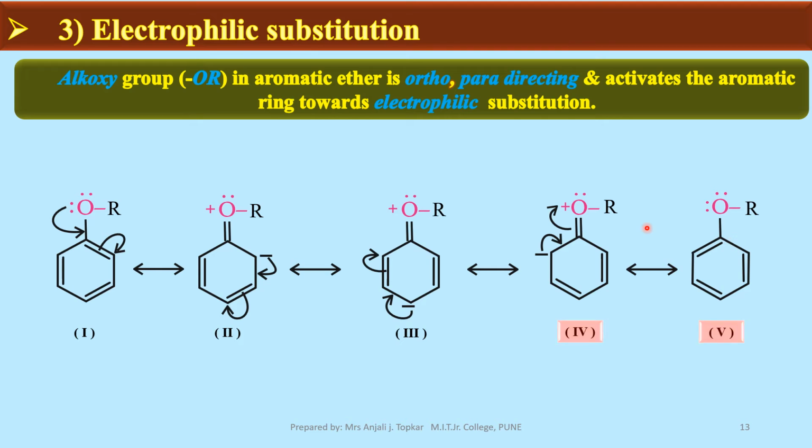Thus, alkoxy group, that is OR, in the aromatic ether is ortho-para directing and activates the aromatic ring towards electrophilic substitution. Now, these negatively charged positions at ortho and para position are ready to be attacked by the electrophile, giving rise to electrophilic substitution reaction.